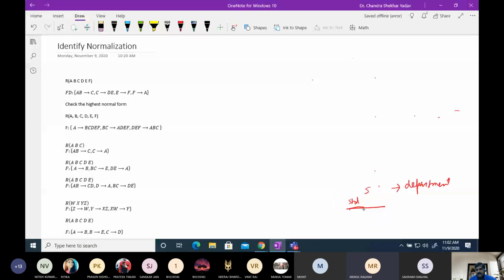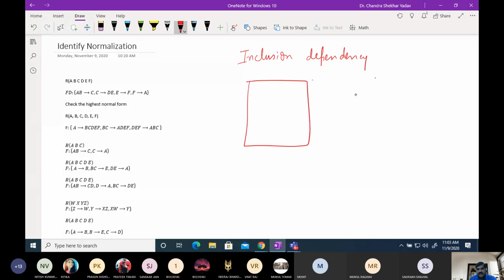And the last topic in this third unit is inclusion dependencies. So inclusion dependency means foreign key. Whatever you study in foreign key concepts, you have to write those concepts in inclusion dependencies. In inclusion dependencies, there are two relations R1 and R2.